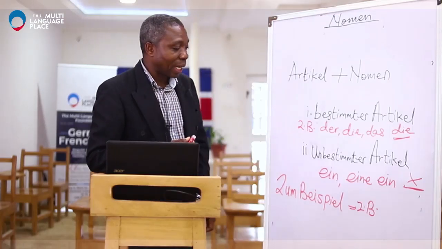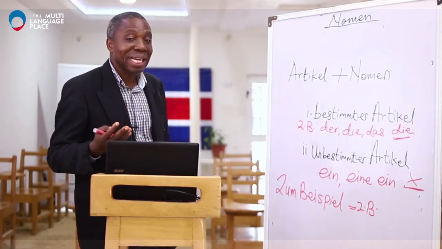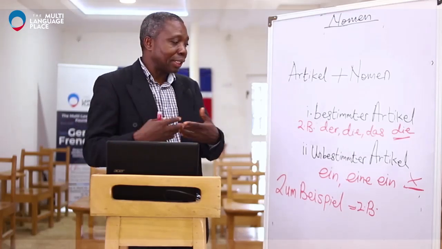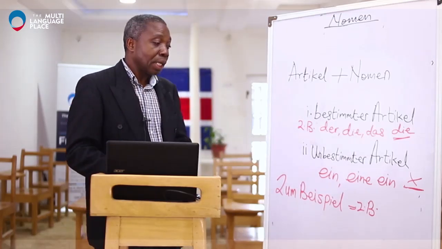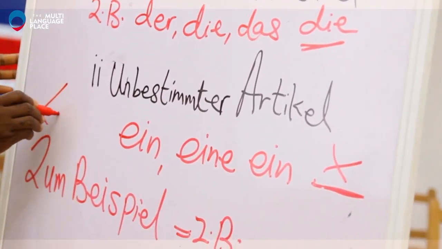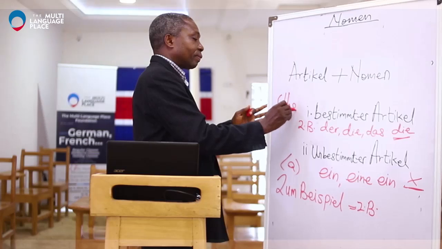Okay? Then the second one is unbestimmter Artikel. Unbestimmter Artikel, those are the indefinite articles. In English, we have a, and here in English we have the.